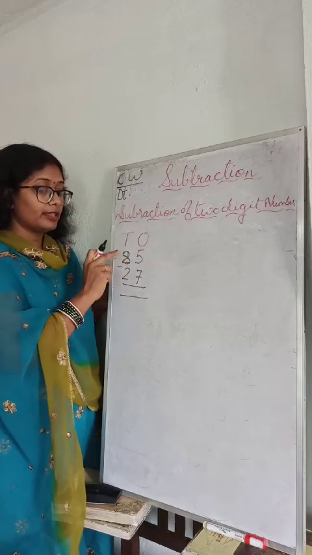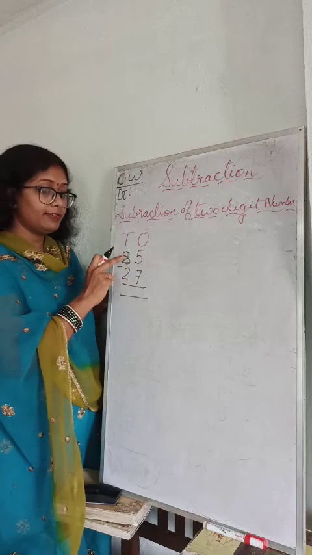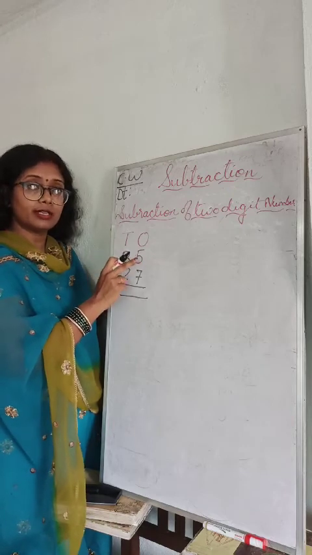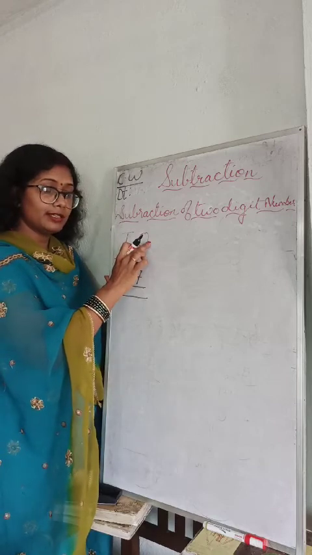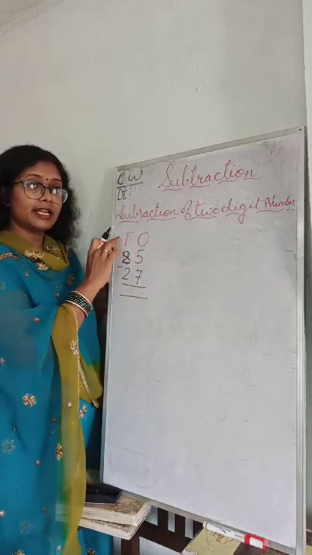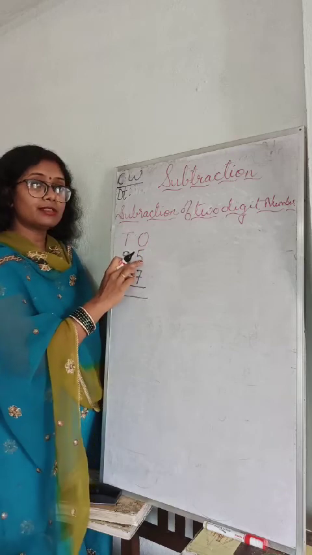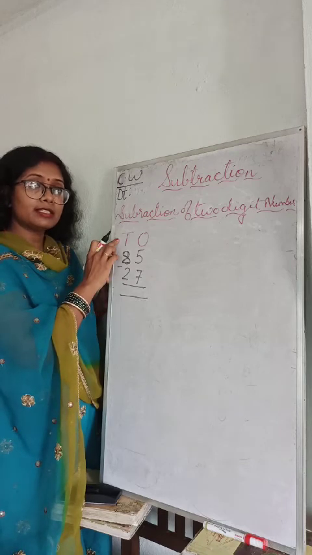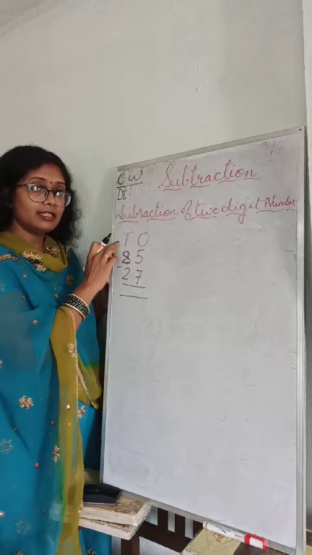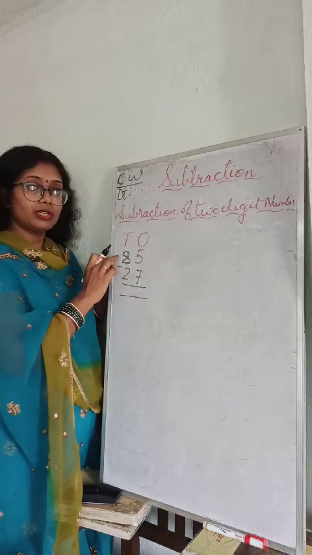Here, this 85 number is a two-digit number. 85 यहाँ पर two-digit number है. क्यों? क्योंकि 5 is at the ones place and 8 is at the tens place. 5 is at the ones place, that means 5 ones. 8 is at the tens place, that means 80. 8 tens or 80. So 85 is a two-digit number.